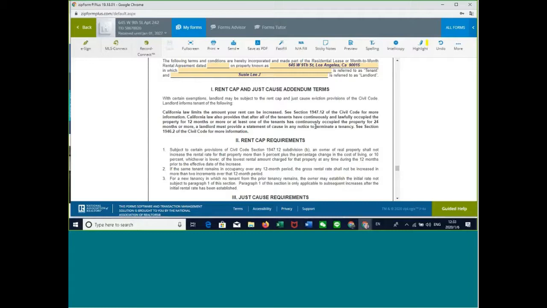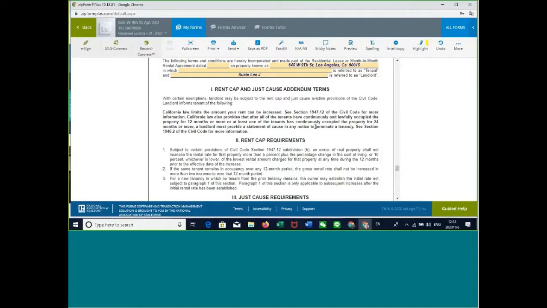Even if the property was built within the last 15 years, they don't have the exemption. I repeat, if you don't have this addendum in your leasing package, even if the property was built within the last 15 years, you are not exempted.